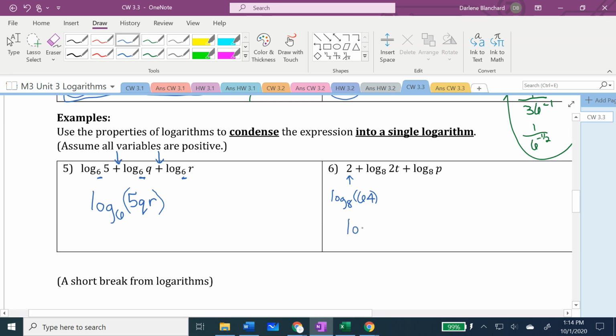So this will condense into one logarithm, base 8. It's going to be 64 times 2t. I'm going to go ahead and multiply. 64 times 2 is going to give me 128, and then times t and times p. I can choose to leave no parentheses or put parentheses. It means the same either way.